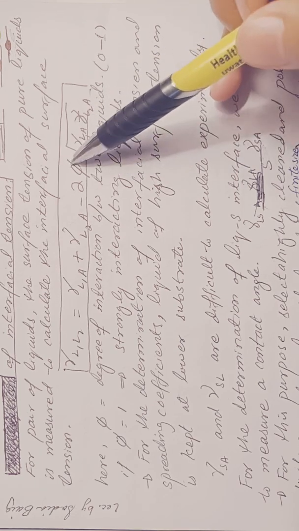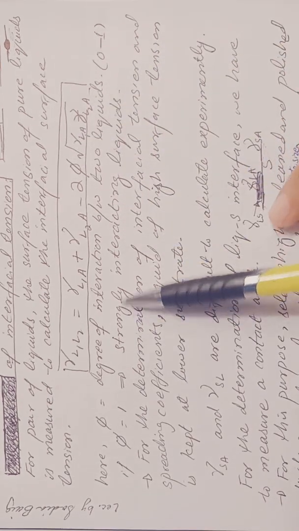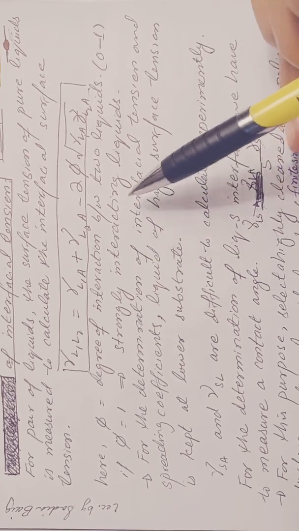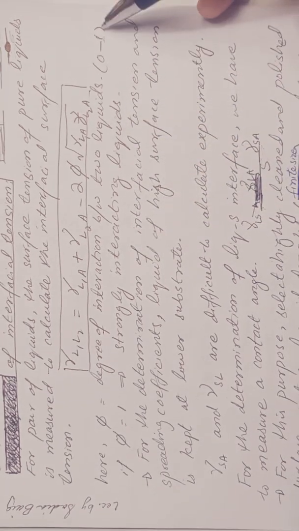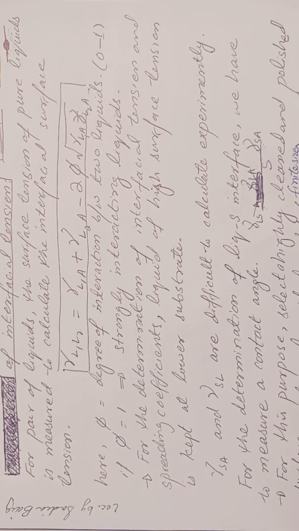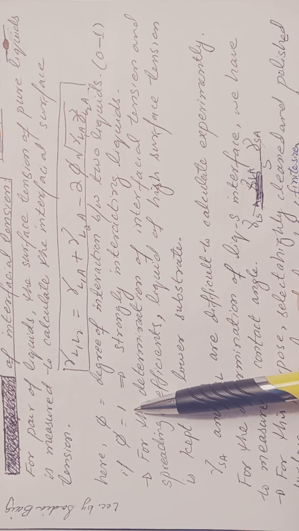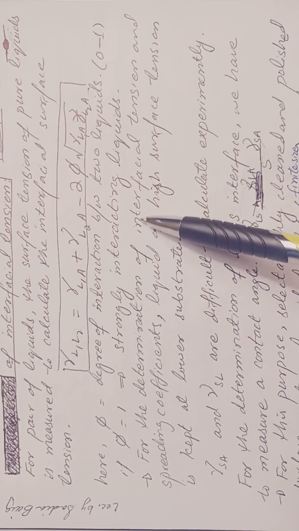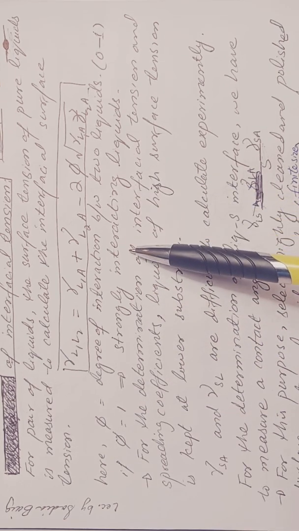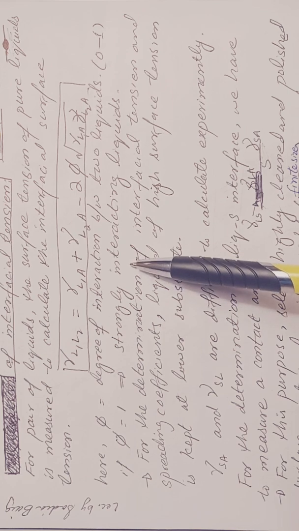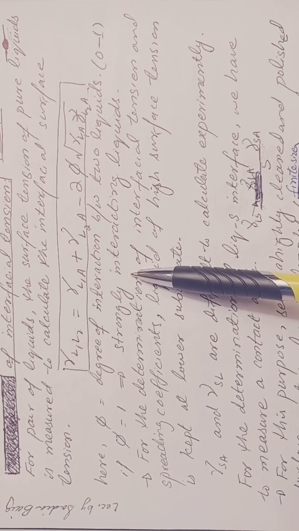And here we also have the same surface tension terms for liquid 1 and liquid 2. This parameter is known as the degree of interaction between two liquids, and its value ranges between 0 and 1. The value of this coefficient is maximum, that is 1, for strongly interacting liquids. It means that the two liquids exhibit the same kind of intermolecular forces, like both liquids being polar or both being non-polar.